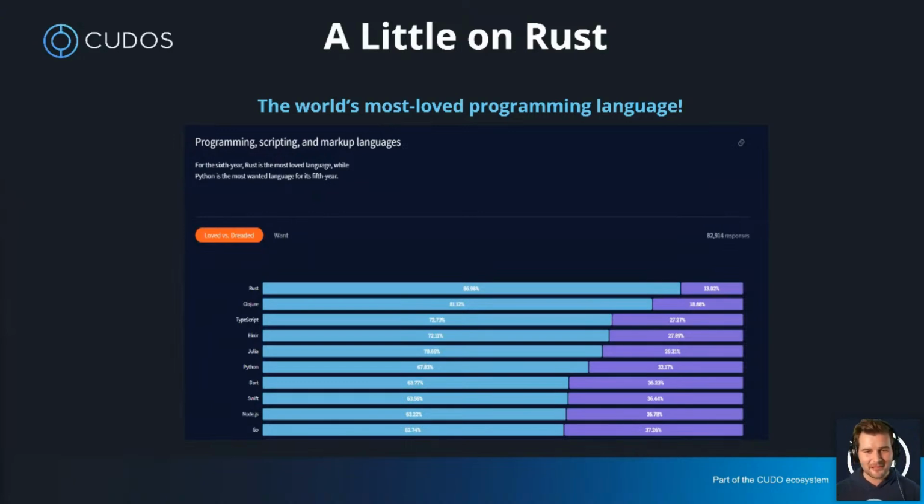And that's from 83,000 odd responses in the Stack Overflow survey last year. So a lot of people quite like this relatively new language, Rust. It has a lot of really cool benefits. And the reason I'm mentioning it is because the Cudos platform uses Rust for its smart contracts, which we'll get into a little bit more as well.